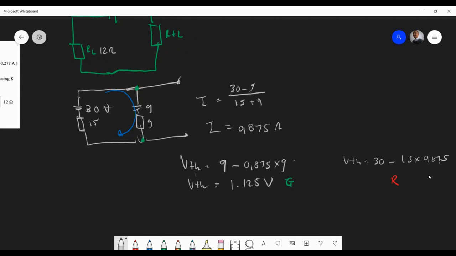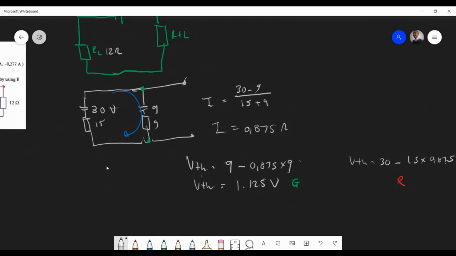So 30 minus 0.8 times 15. No, what am I doing wrong here? For the first branch, my current times my resistance is 9 minus 0.8 times 9.